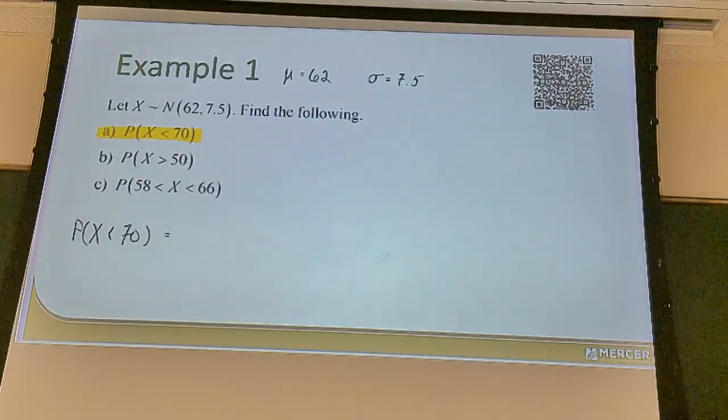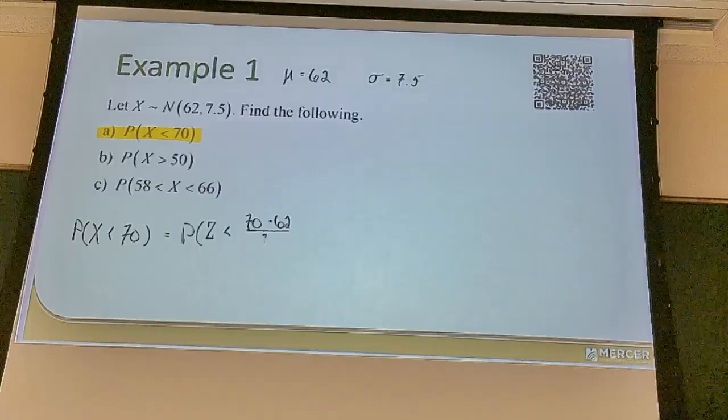The probability that x is less than 70 is the same as the probability that z, the standard normal random variable, is less than (70 minus 62) over 7.5.